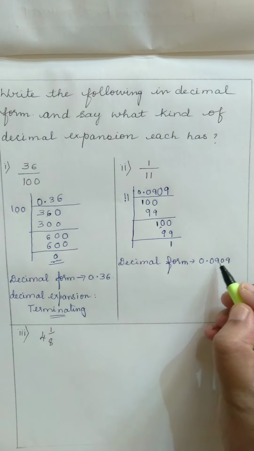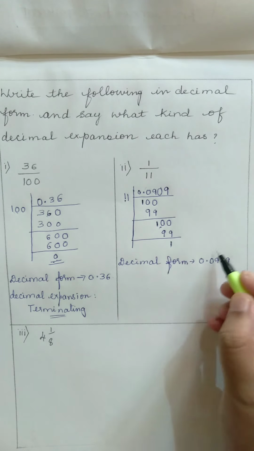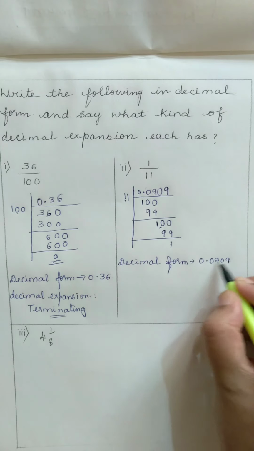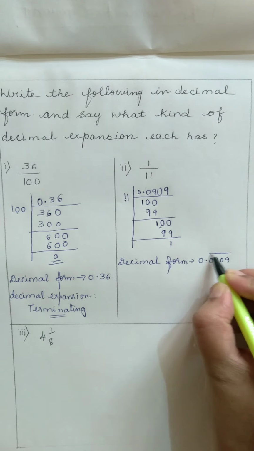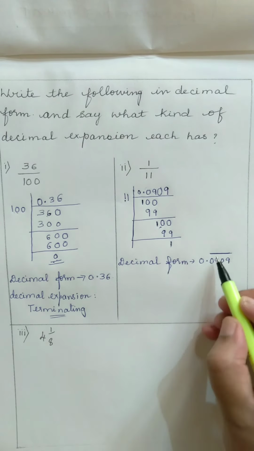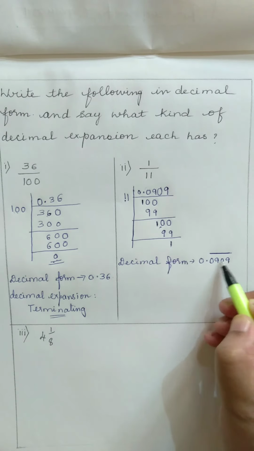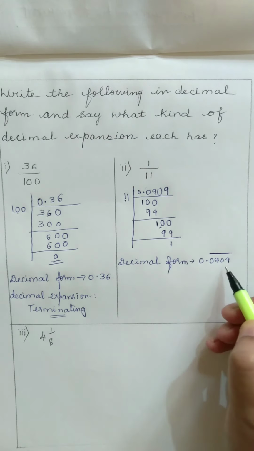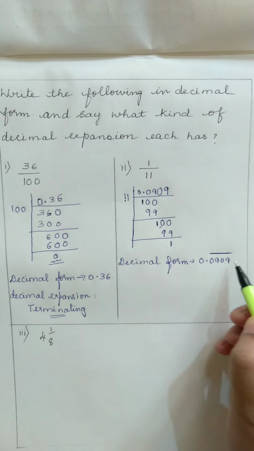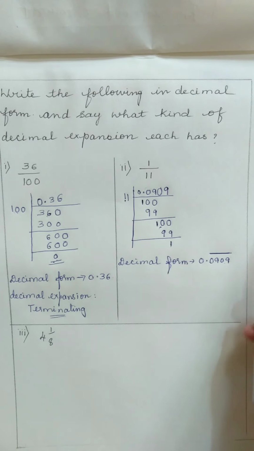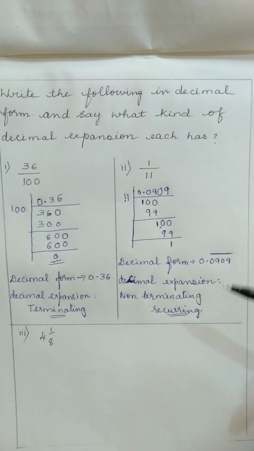So above these digits, we will put a line which is called a bar. Above those digits we have applied a bar because it is repeating. So the decimal expansion will be non-terminating recurring. This will be the answer to this problem 1 by 11.